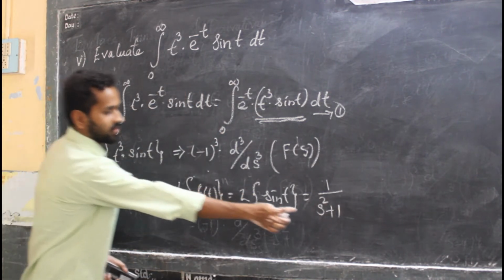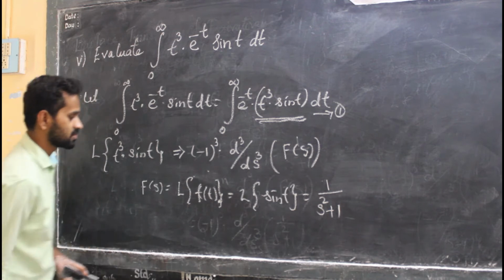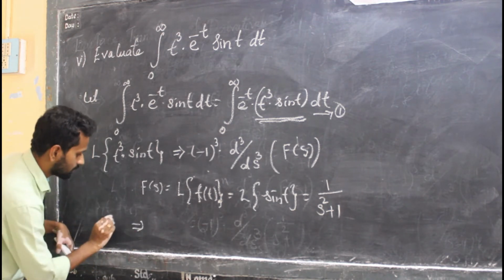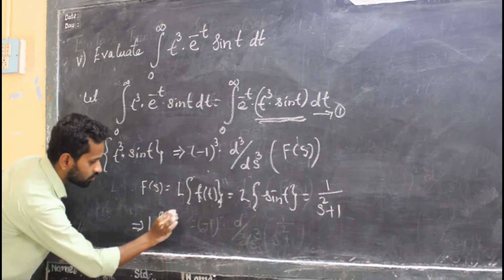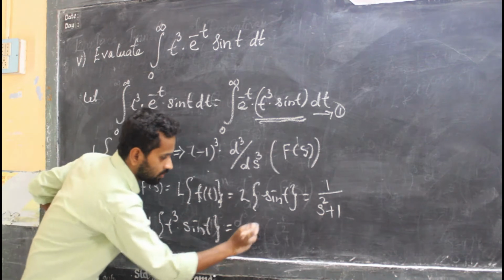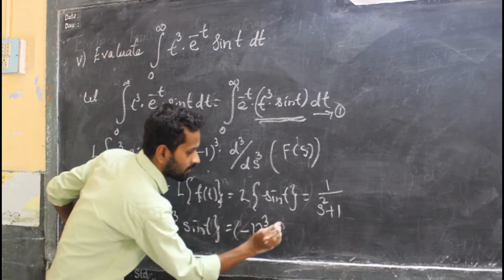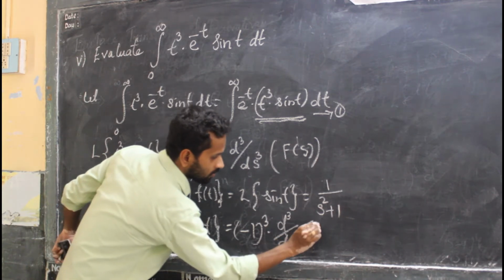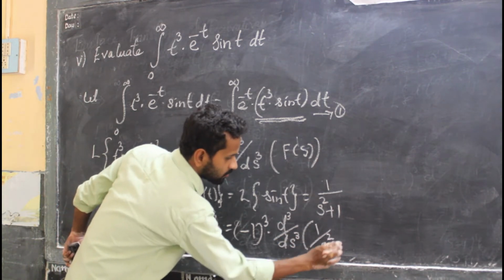So now this is f of s replaced back in this previous equation. When you are replacing that, this implies the Laplace transform of t cube into sin t is minus 1 whole cube into d cube divided by ds cube into 1 by s square plus 1.